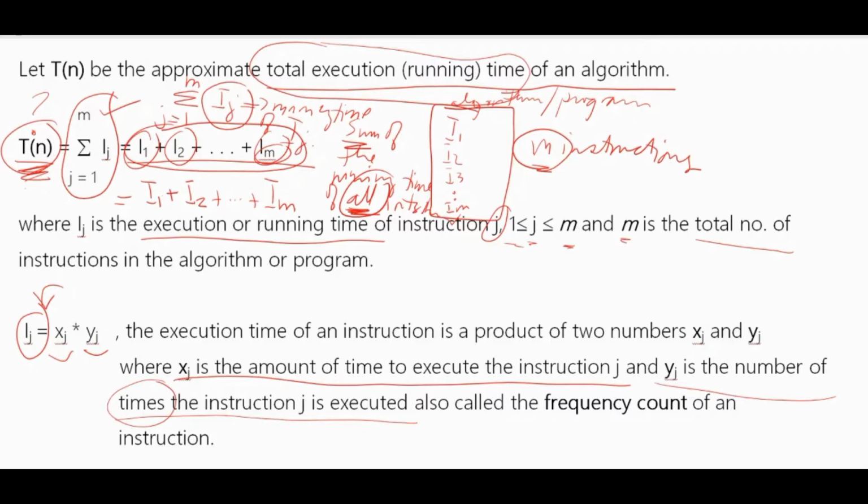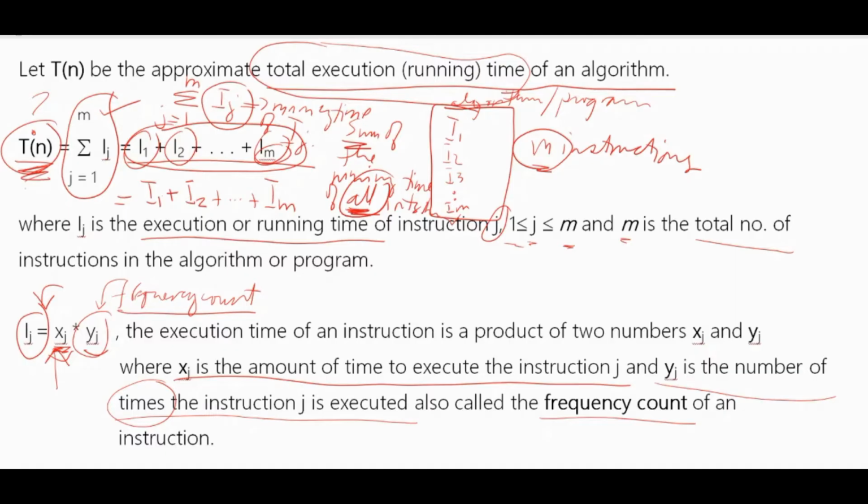So yj is called the frequency count of an instruction, or how many times it is repeatedly executed, while xj is the amount of time to execute that instruction.